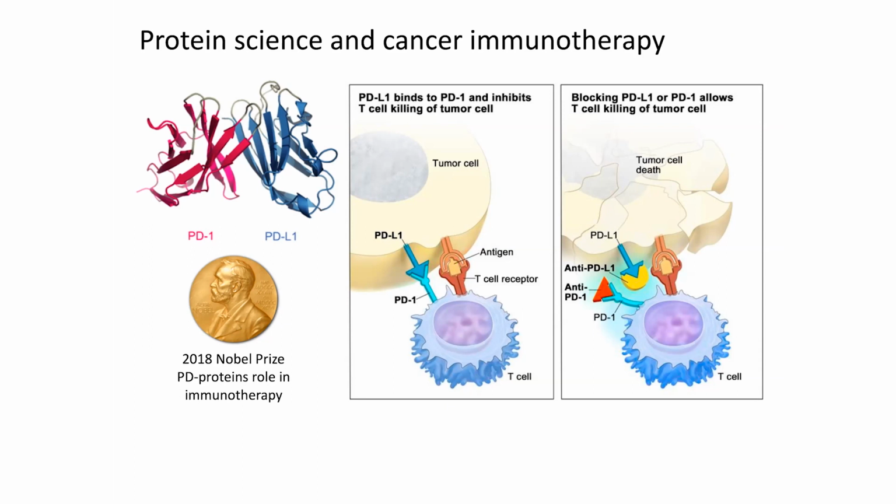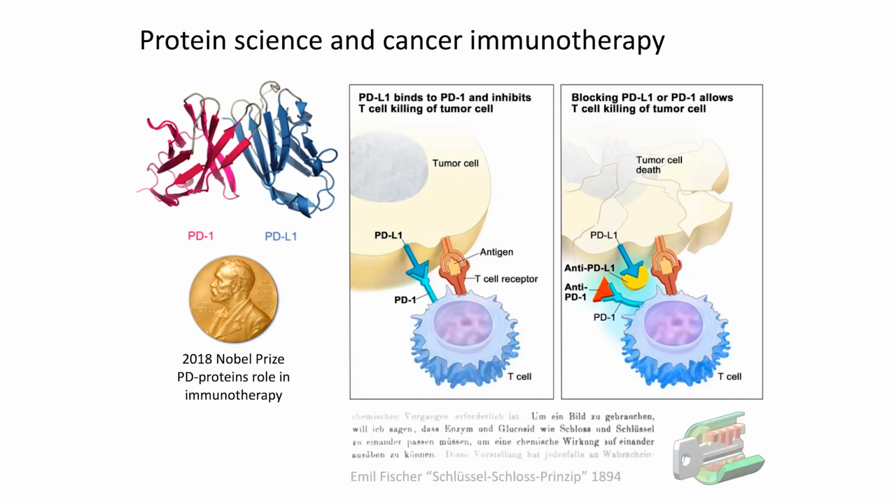So the way immunotherapy works is by blocking one of these proteins. And as a result, the normal functioning of the immune system is restored, and cancer is no more treated as healthy cells and is destroyed. So the key problem here is how to design a binder that would match the target protein as a kind of a key that matches a lock.